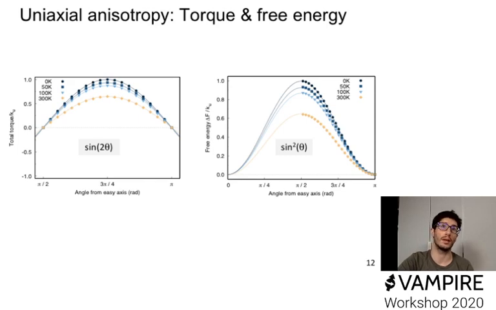I calculated just from 90 degrees to 180, so from pi over 2 to pi, and this is done for different temperatures, and the results are normalized by the maximum torque at 0 Kelvin. So we see that the maximum here reaches 1, and it decreases as we increase the temperature.